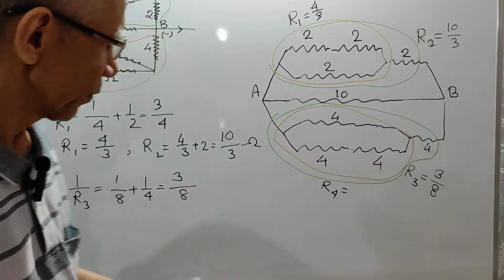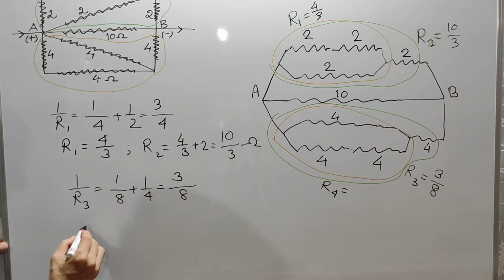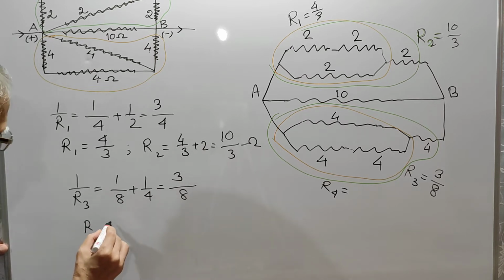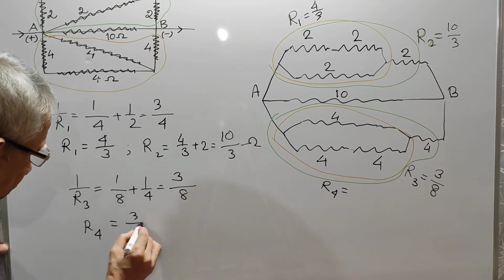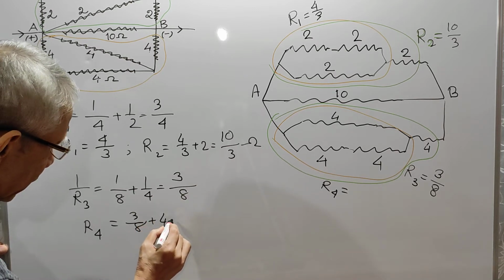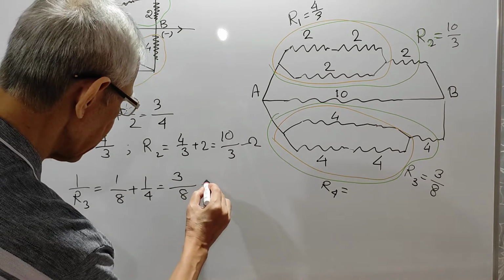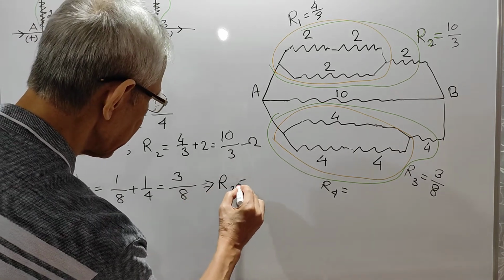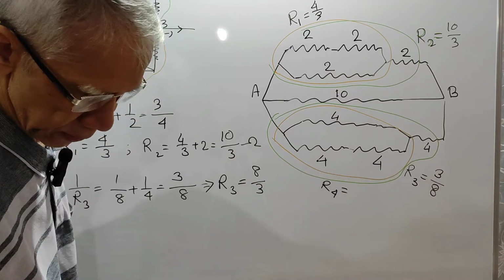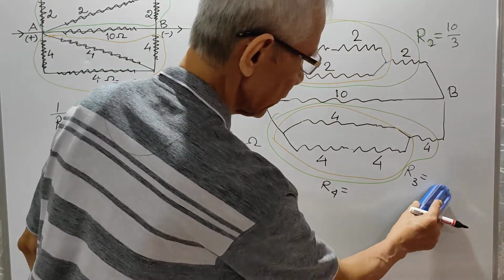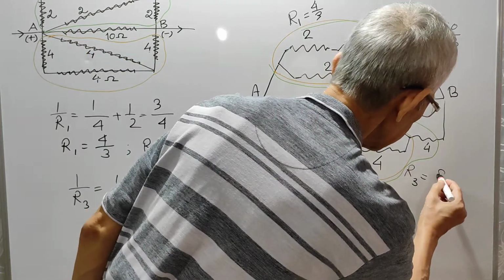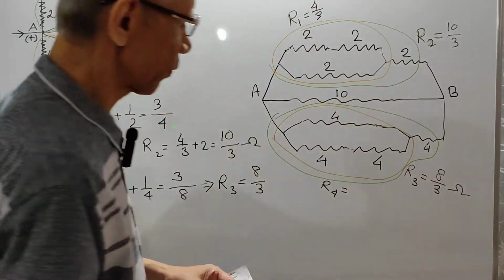That means this plus 4. 1 by R3 is 3 by 8, so therefore R3 will be 8 by 3. So this R3 will be 8 by 3 ohm.